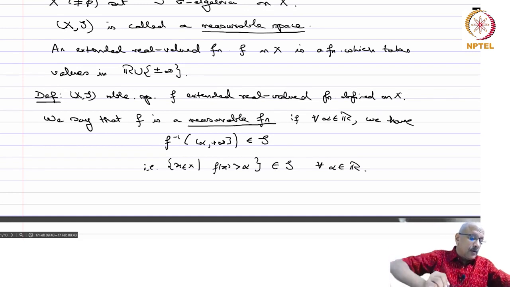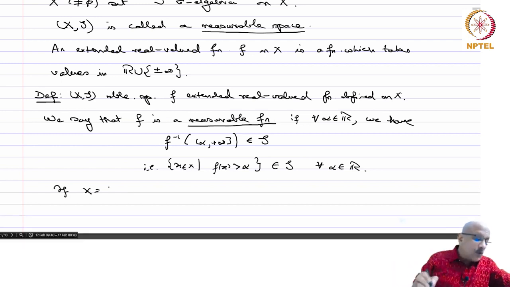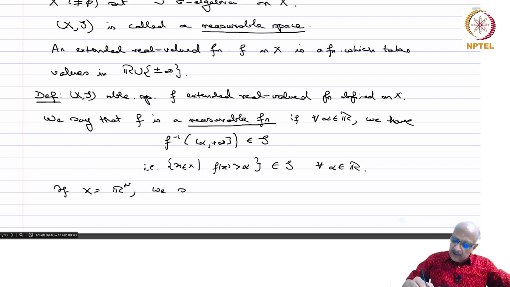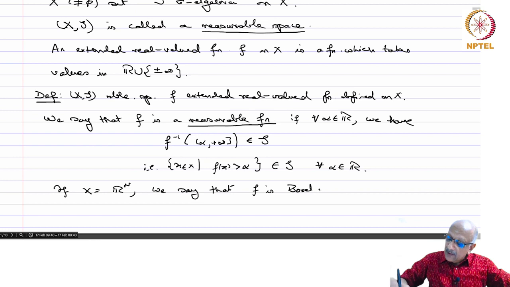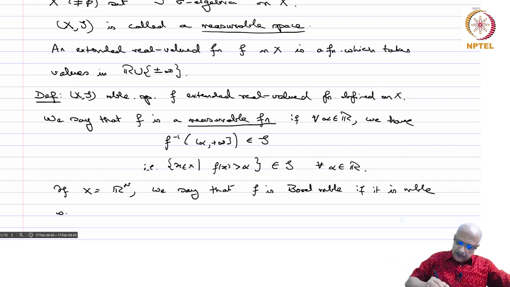So if X equals R^n, we say that f is Borel measurable if it is measurable with respect to S equals B_n.